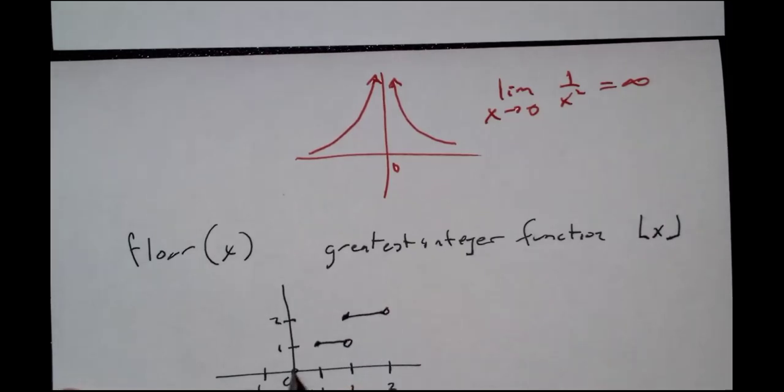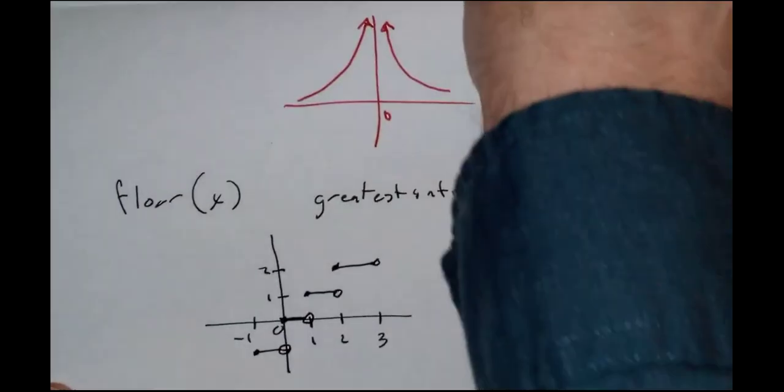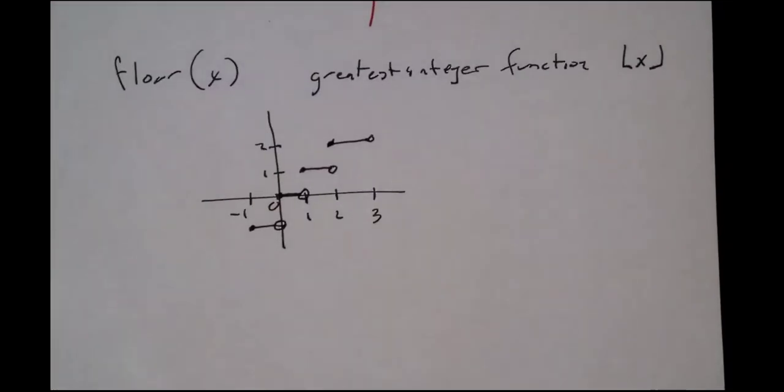Everything between 0 and 1 should give me the value 0. Everything between -1 and 0 should give me the value -1. This round down function gives you the whole number under the floor. If I round it up, we'd call it the ceiling function.